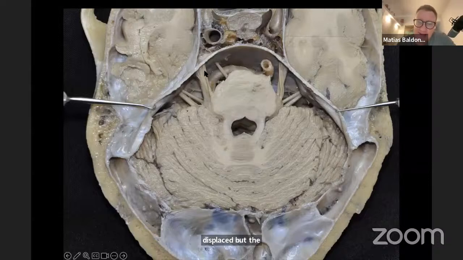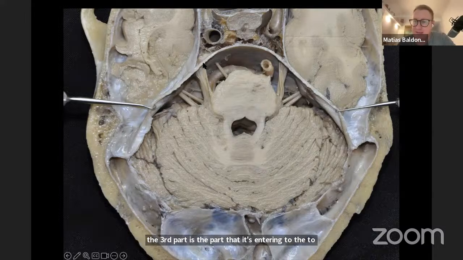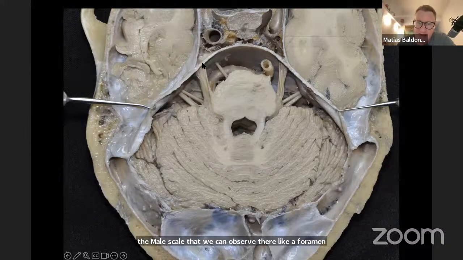The second part is the cisternal segment of the nerve, and the third part is the part that is entering the Meckel's cave, that we can observe there like a foramen of the dura mater, where the nerve enters and ends at the Gasserian ganglion. That's very important.